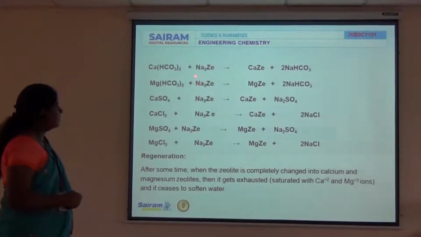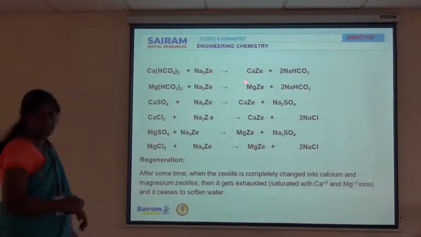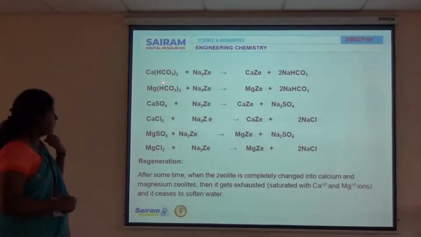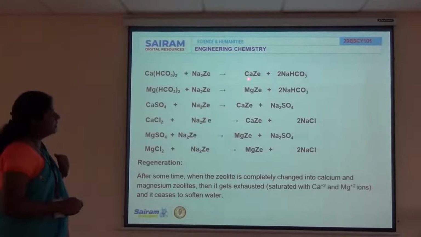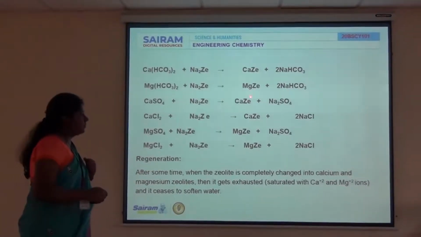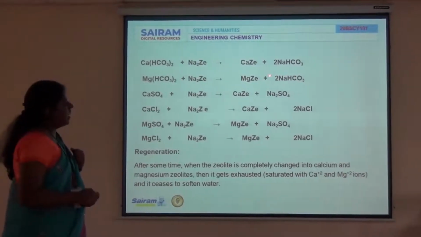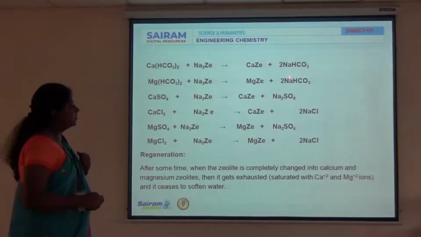So the zeolite is going to absorb the magnesium. The hardness causing substance, magnesium, is removed from the water, you convert the hard water into soft water, and the water contains only sodium bicarbonate.